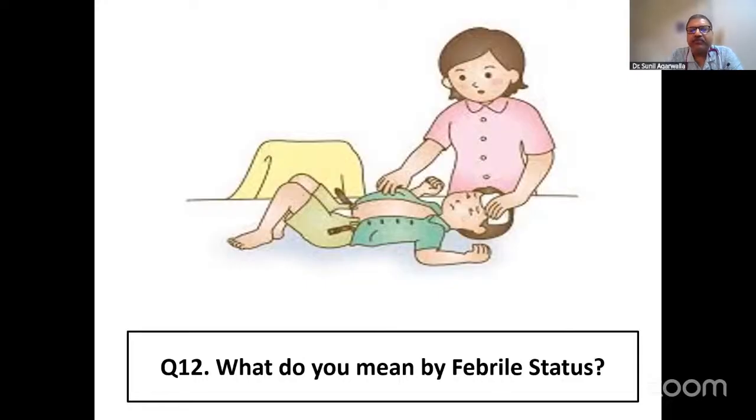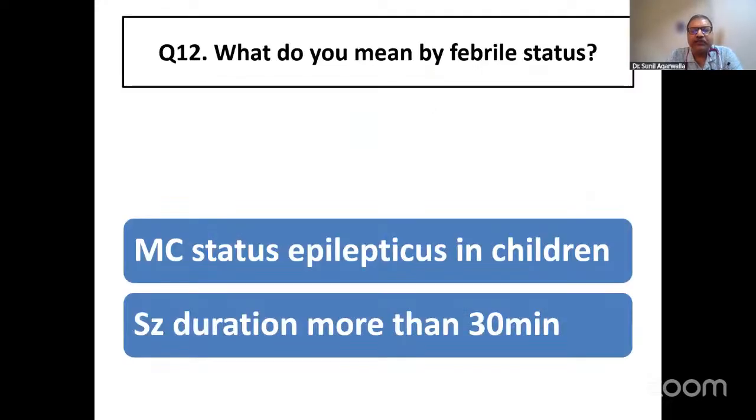What do you mean by febrile status? I already told you it is a band extension of complex febrile seizure. The most common cause of status epilepticus in children is febrile status. A seizure in a febrile seizure child that goes beyond 30 minutes is known as febrile status. One third of cases of status epilepticus are febrile.